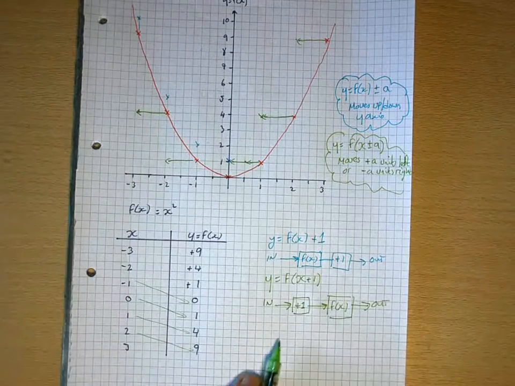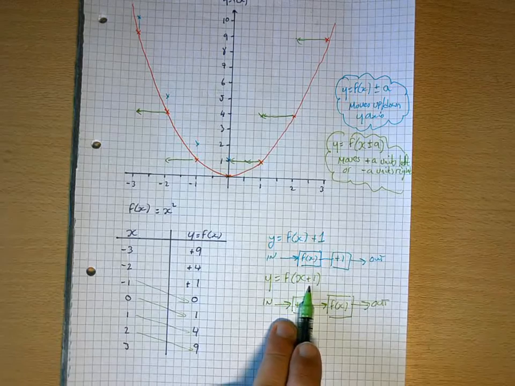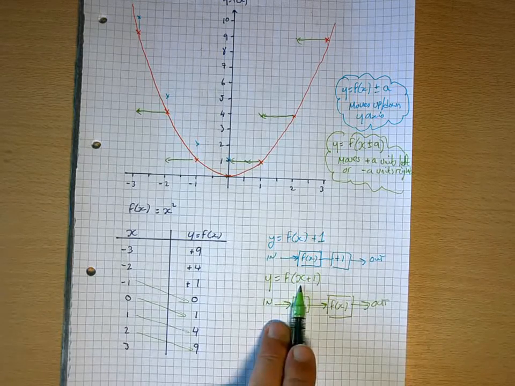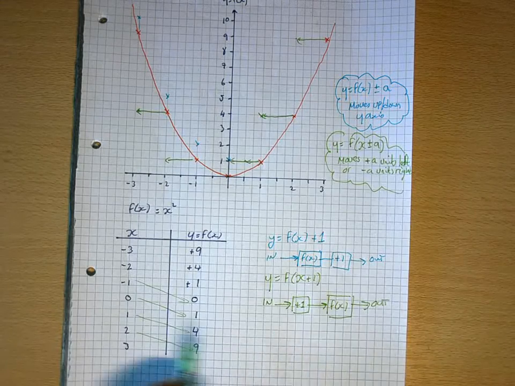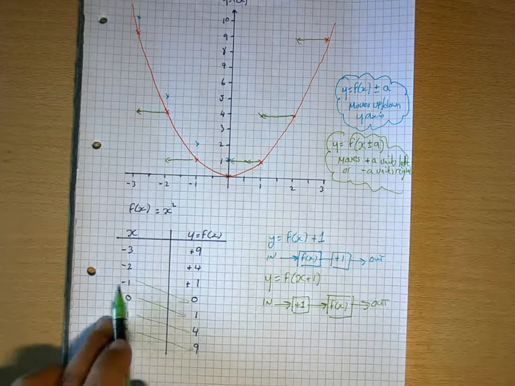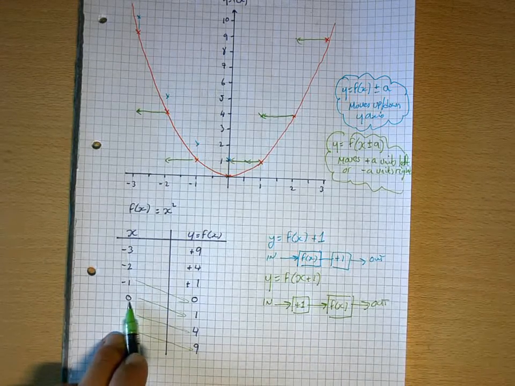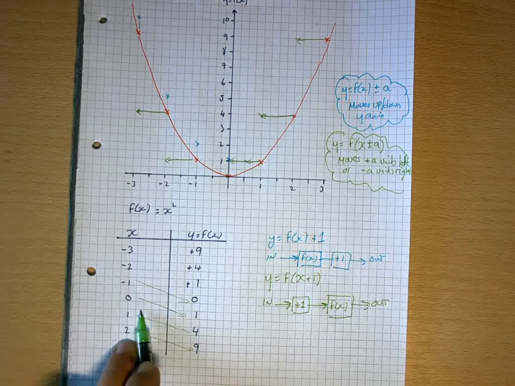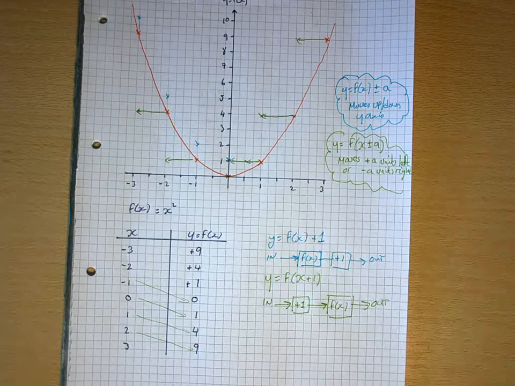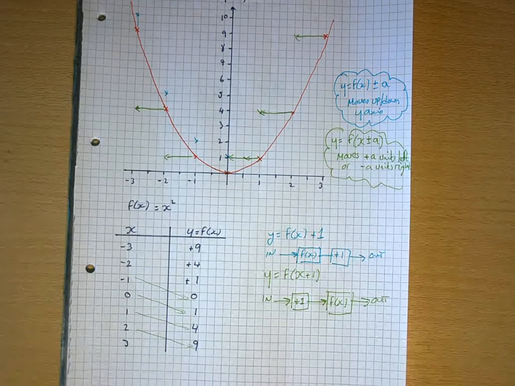Okay, so just to clarify that again: if the plus or minus is inside the function, it means you're adding to the input, not the output. So it means that whatever was 0 becomes the output to the next one along.